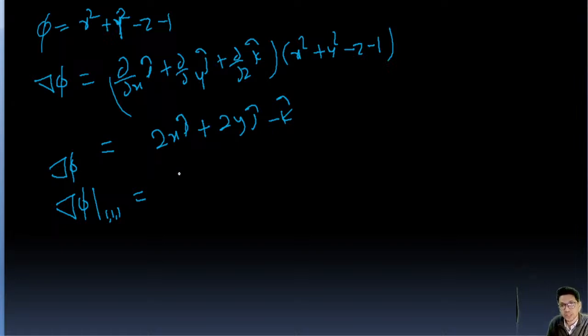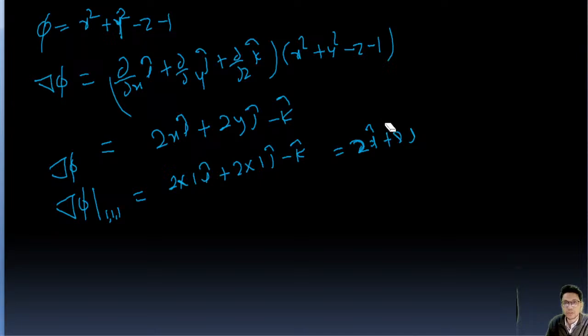So we will replace x, y, z with 1, 1, 1. Okay, so 2 into 1 i cap plus 2 into 1 j cap minus k cap. So it is going to be 2 i cap plus 2 j cap minus k cap.